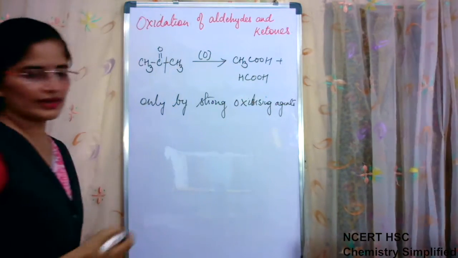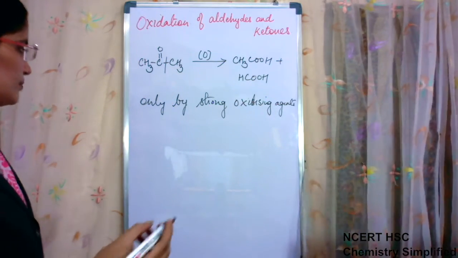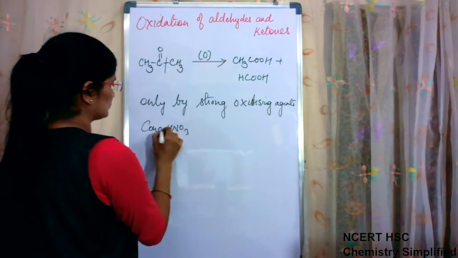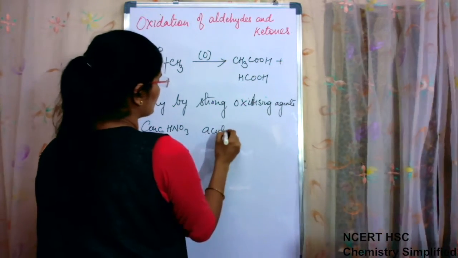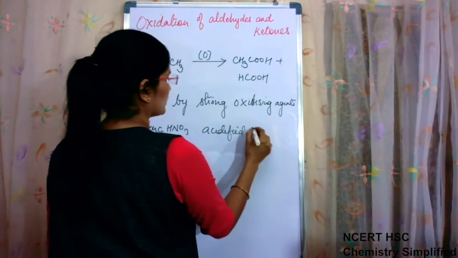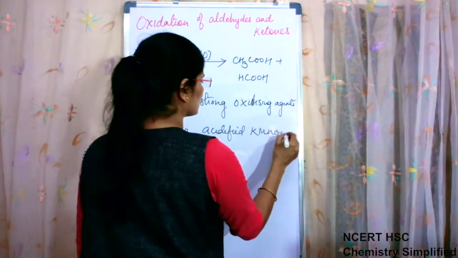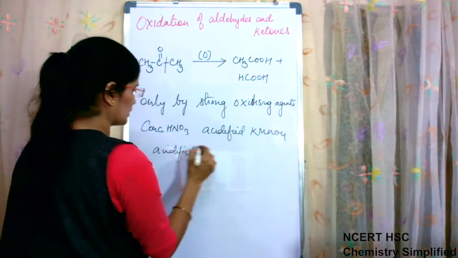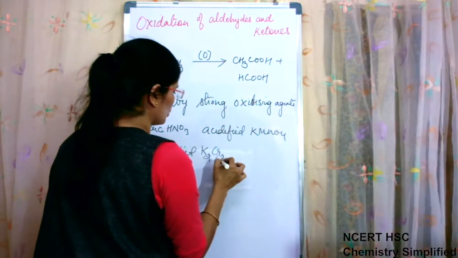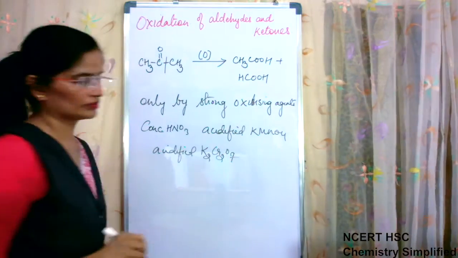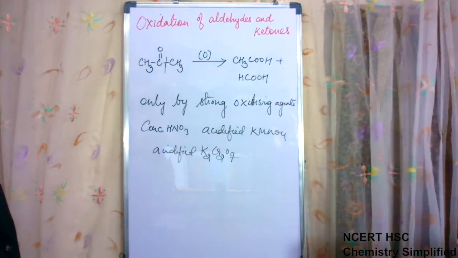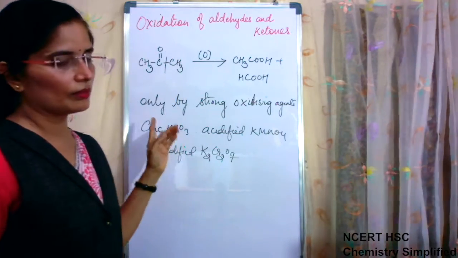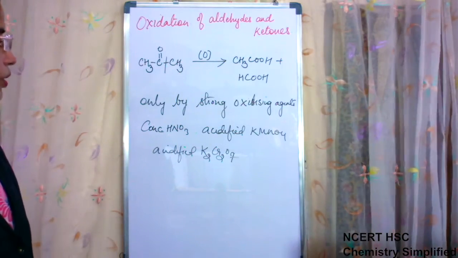Only strong oxidizing agents can do it. Means concentrated HNO3, acidified KMnO4 and acidified K2Cr2O7. Only these will convert it into acid, and that also by breaking any of the bonds.